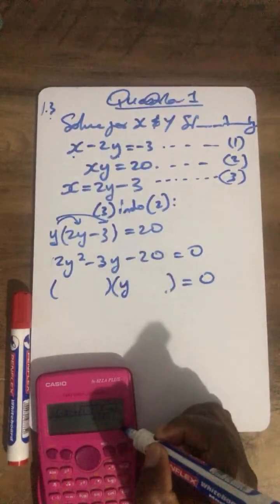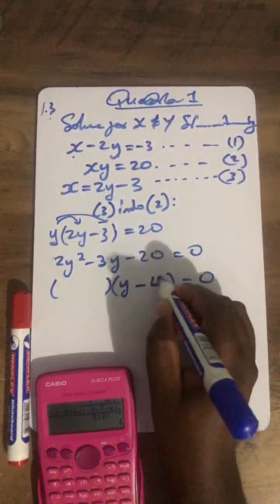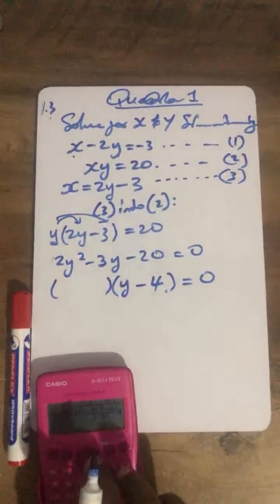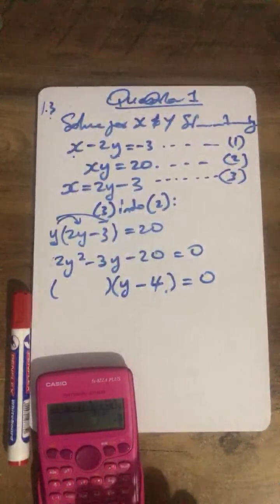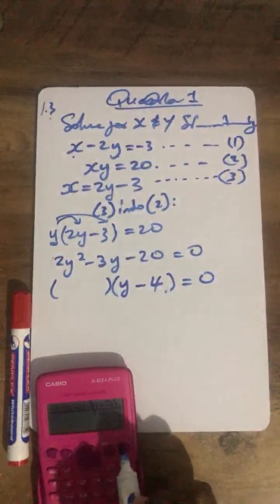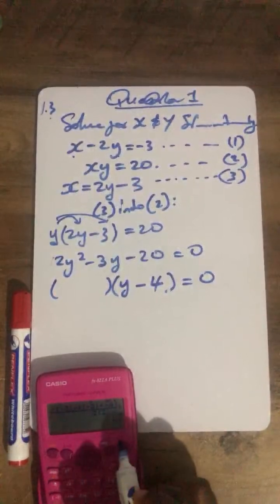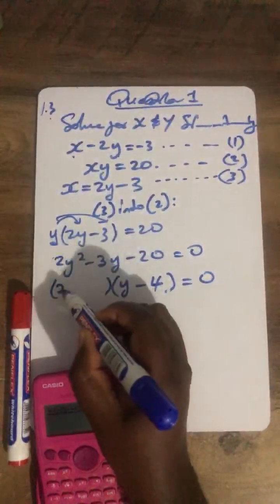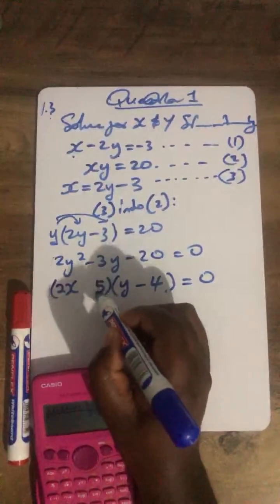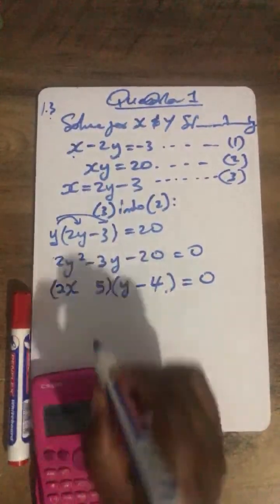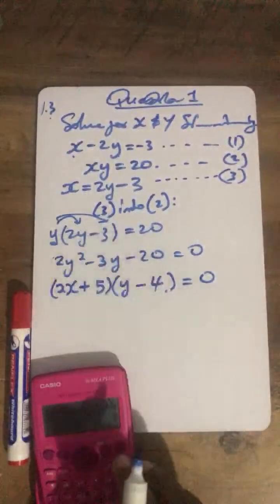If you get positive 4 there, you write it as negative 4 inside the brackets. You change that sign to a minus. I'm getting negative 5 over 2. This one at the bottom, you attach it to x. This one at the top is the one that you write there. And then that minus, you write it with the opposite sign.